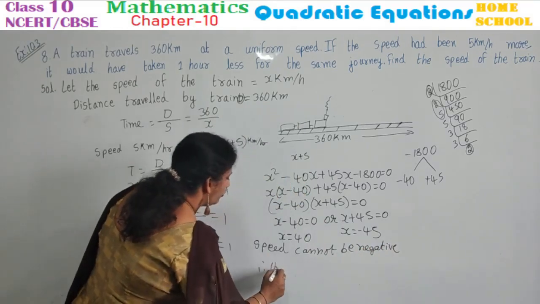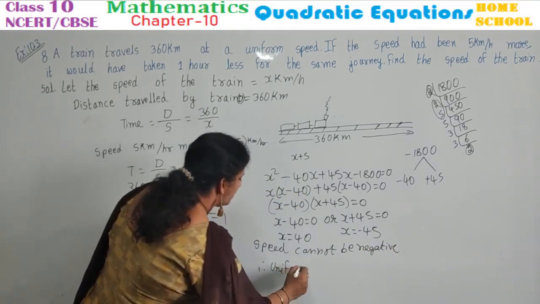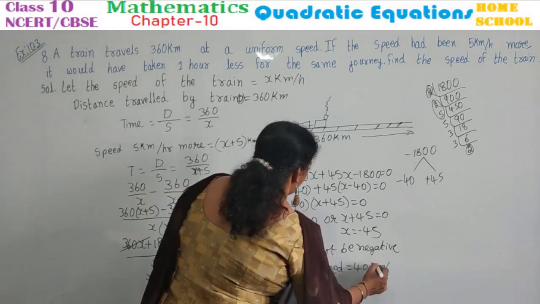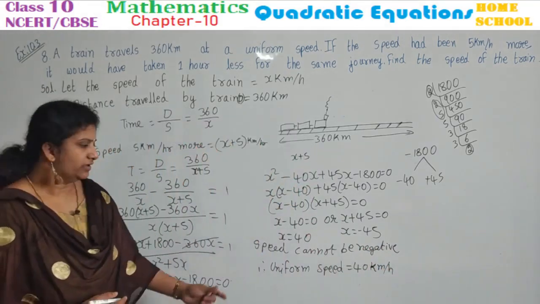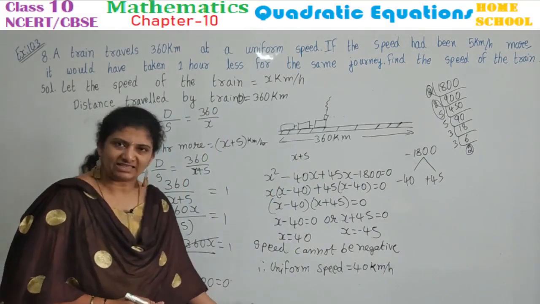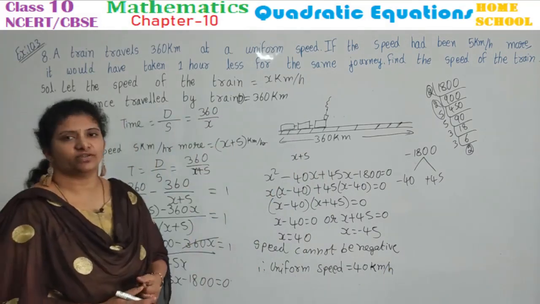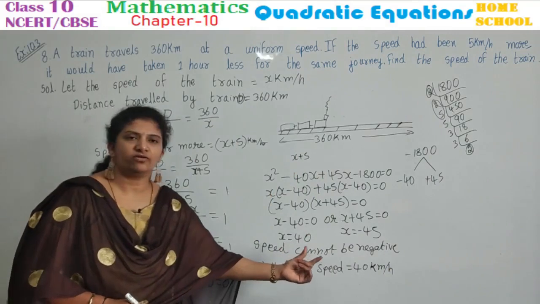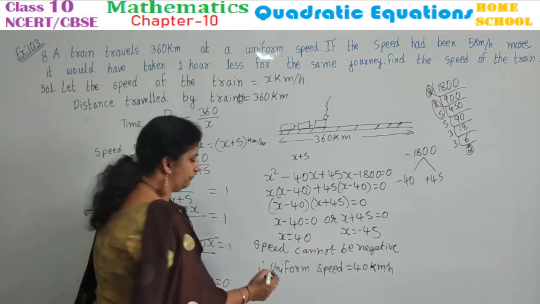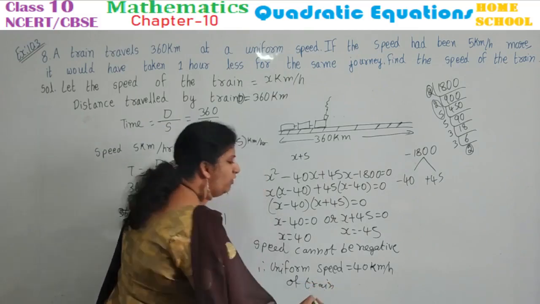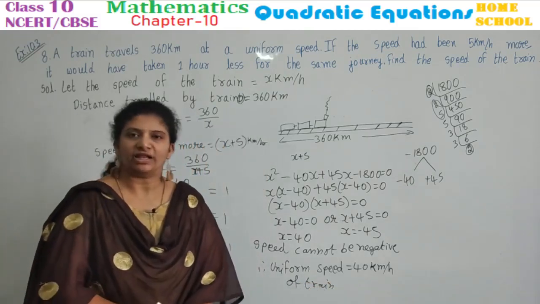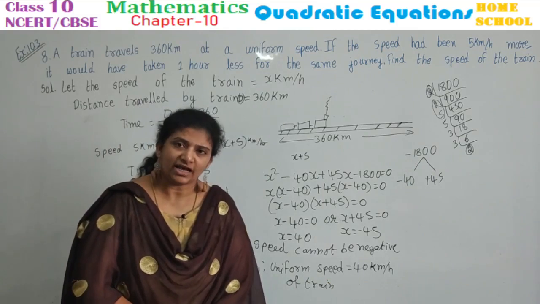Therefore, the uniform speed is equal to 40 kilometers per hour. This is the question they asked us: find the speed of the train. The uniform speed of the train is equal to 40 kilometers per hour.